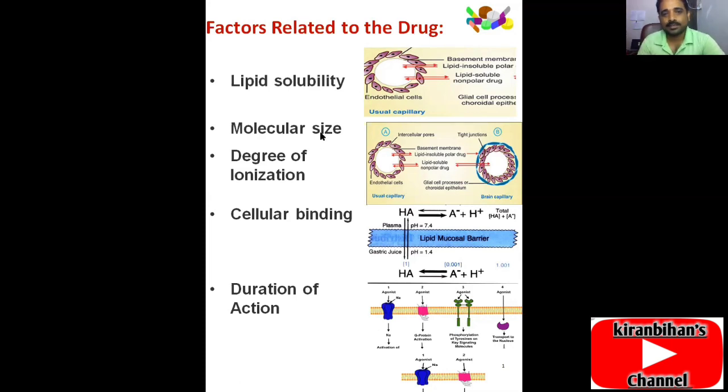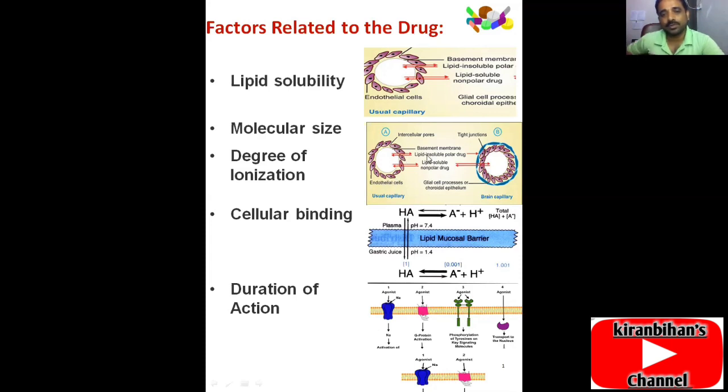Molecular size of any drug, low molecular size is important. Low molecular size can cross the pores available between the cells, the endothelial cells. In usual capillary, you can see the endothelial cells have certain pores.